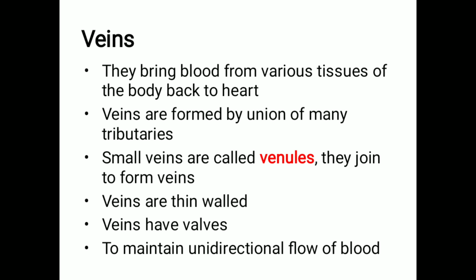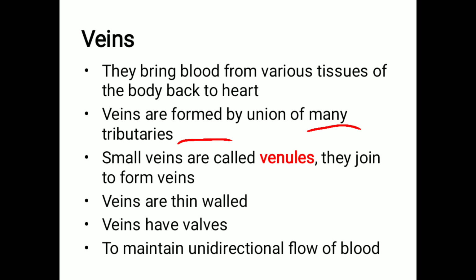Now next, what do you mean by veins? Veins carry blood away from various tissues of the body back to the heart. Veins are formed by union of many tributaries. Arteries we call branches, but when you name a vein, we call them tributaries.